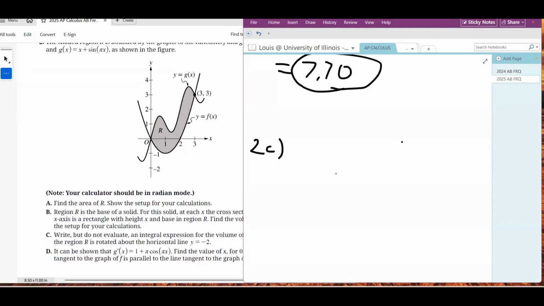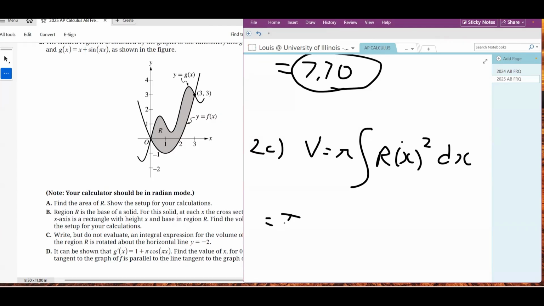Because in the volume washer method, the formula is V equals pi times the integral of r of x squared dx, right? We need to set up what the correct form of r of x is in this case.